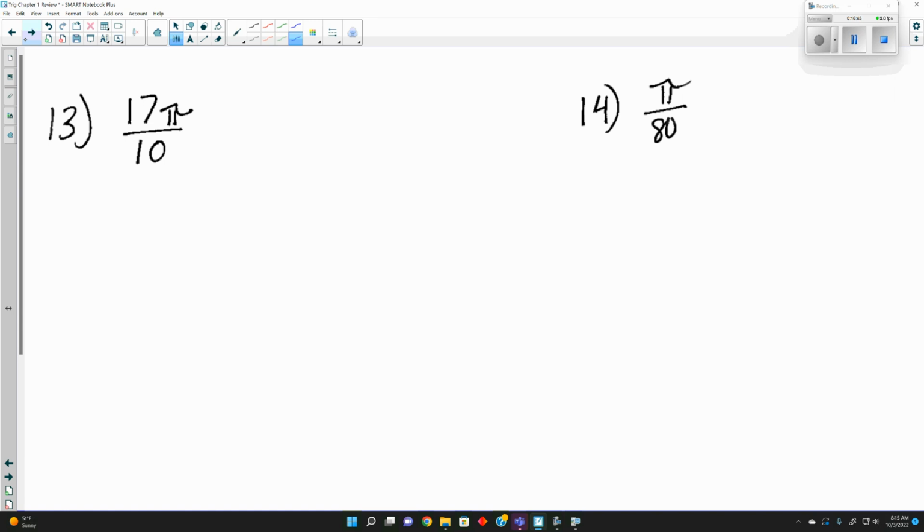So if we want to go from radians to degrees, we're multiplying this by 180 over pi, yes? Well, if the angle that we have already has pi in it, we really know that those are going to cancel.